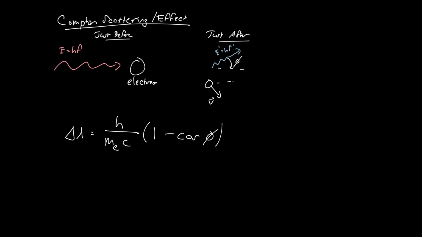Okay, or wavelength final minus wavelength initial equals h over m_e c, times 1 minus cosine of phi. Okay, so in this equation, again, h is Planck's constant.